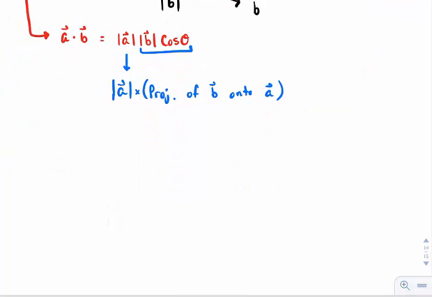One common use, and I'm not doing an example of this, is the work formula, which you'll see in physics class. You use dot product on this one. And work represents force, which you usually use as a vector, times direction. If you've done that, you may be like, oh yeah, I have done dot product. If you haven't, then maybe you aren't in physics, or you haven't gotten there.